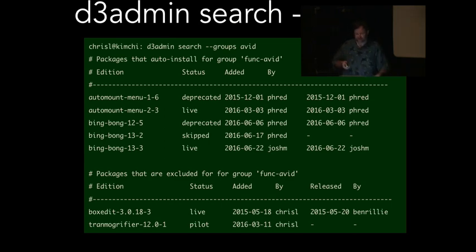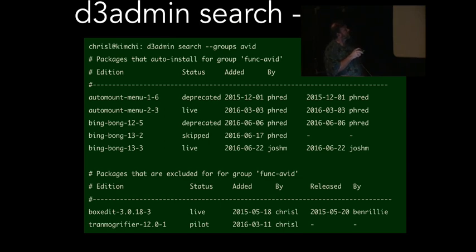So the way it does scoping is a lot simpler than the way a policy is scoped. It still uses computer groups. It doesn't matter if they're smart groups or static groups, they're just groups. And you can see that it says packages that auto-install for that group. This would be the group of all of our Avid editorial workstations.